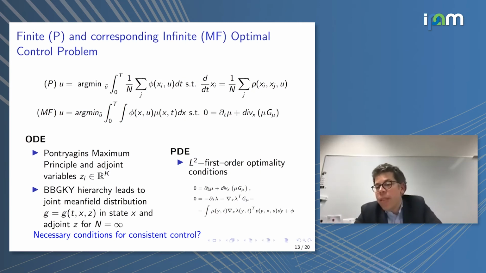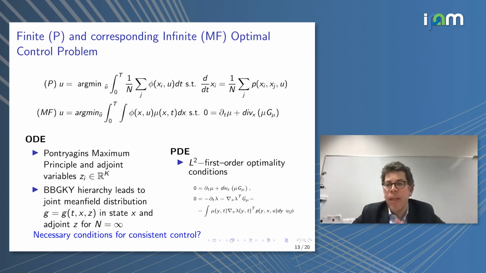What you would end up with formally would be, of course, the transport equation for mu, and then a second equation for the multiplier, which would be a function depending on t and x, and this would solve the linearized system of that, plus the cost.